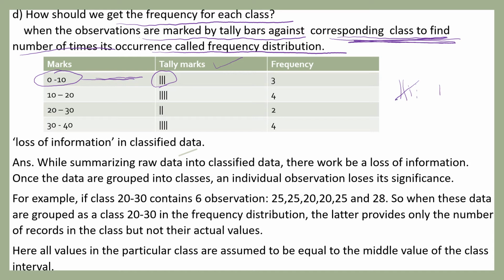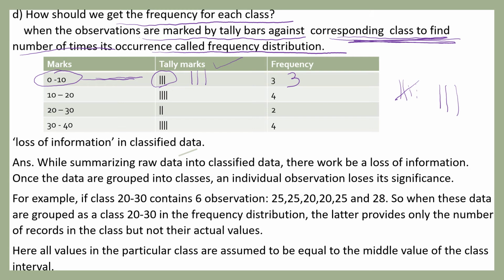This we call tally bars. Whenever the observations are given, the values which lie between 0 to 10 will be expressed in terms of tally bars, and we count the tally bars. Here it is 3 times.